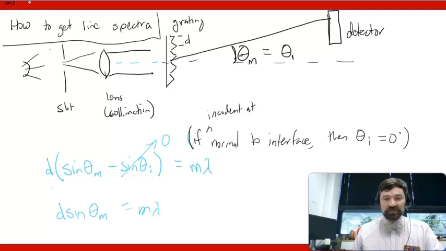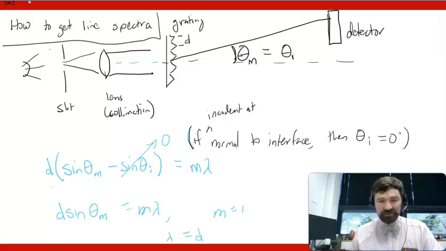And so essentially what you then do is, because we know that m equals 1, then we just have lambda is equal to d times sine theta 1. So we need to know what this angle is, and we need to know what the spacing is on the spectrometer.